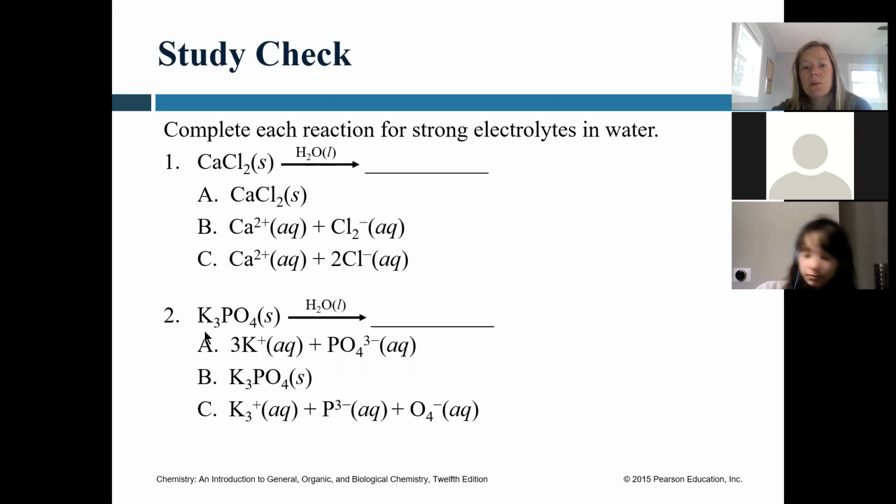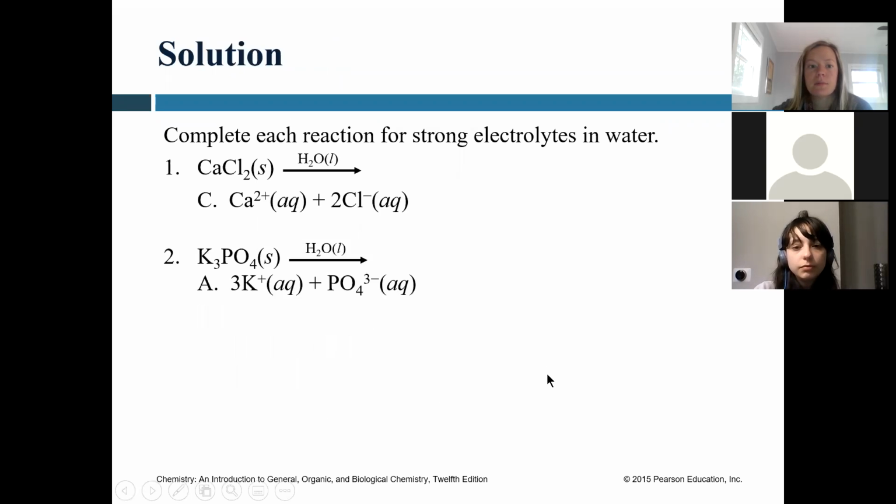So for this one here, we would go with A. We're going to break apart into 3 potassiums and then this polyatomic ion packet. Again, we don't want to break up our individual components of the polyatomic ion, and potassium is not a triatomic ion. It doesn't exist in that 3 pair. So we would want to pull the 3 out in front as a coefficient.